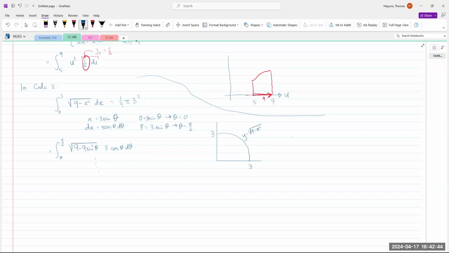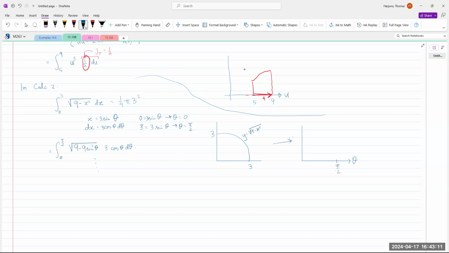But if we look at the domain of the newer integration, the domain now becomes from 0 to pi over 2. This is the theta, from 0 to pi over 2.